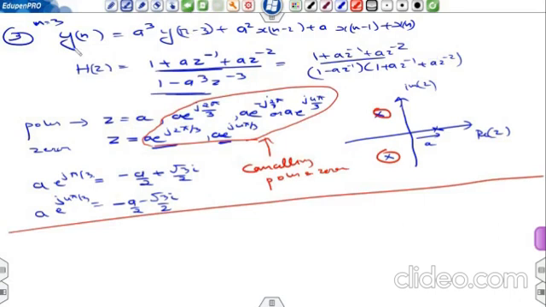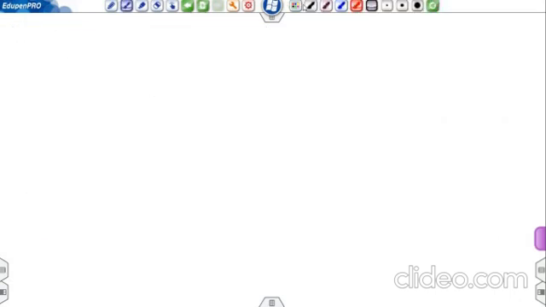So now I can generalize it for any value m.